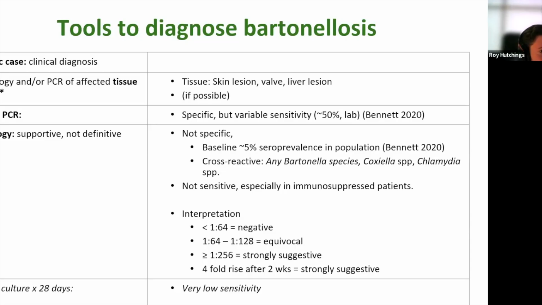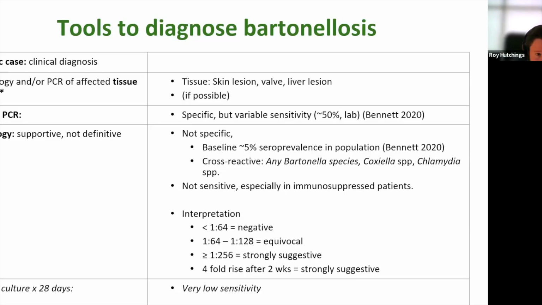And the serology tests frequently cross-react with other Bartonella species, with Coxiella, with chlamydia, as examples, and many more. And they're not sensitive tests either. So there's a high false negative rate, especially in immunocompromised patients. Interpretation is also a bit challenging, but it matters for the rest of this talk, so I'm going to describe it here.